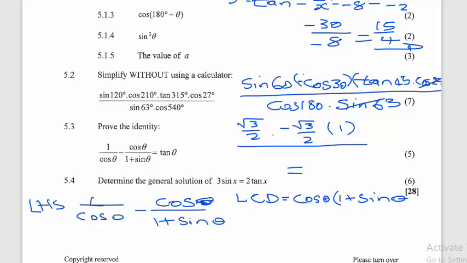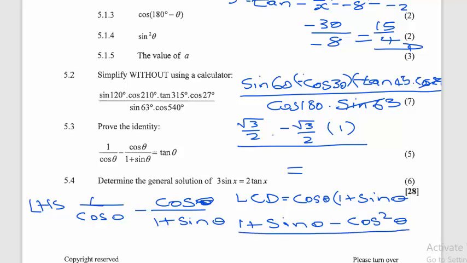There we go. So let's look at what happens. Cos theta bracket 1 plus sine theta divided by the first denominator cancels that, so you have firstly 1 plus sine theta. For the other one, it's cos times cos, which is negative. It's going to give us negative cos squared theta.